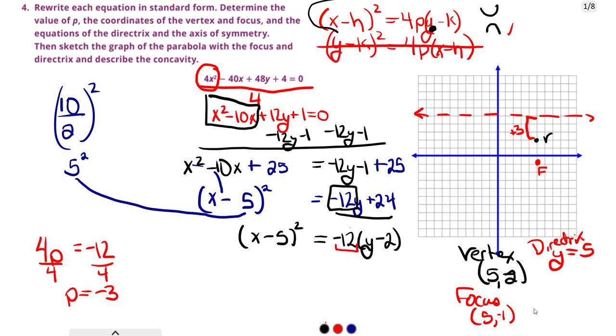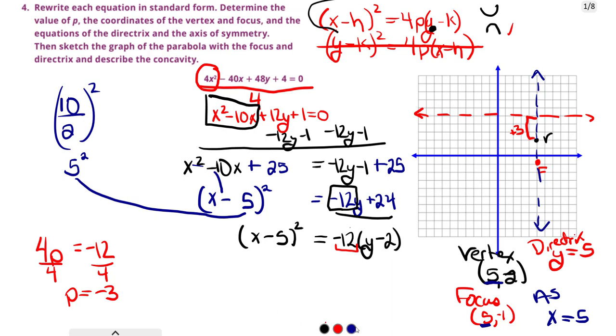Now to find my axis of symmetry. My axis of symmetry is going to go through my focus and my vertex and is perpendicular to my directrix. And so that's going to be x equals, in this case, 5, because that's the value of the x.